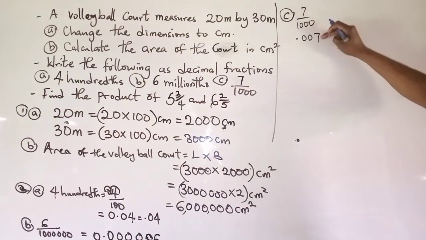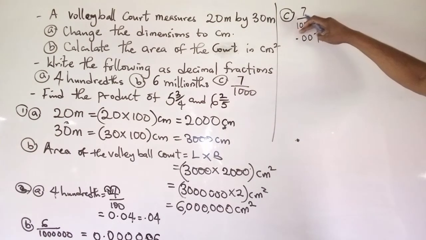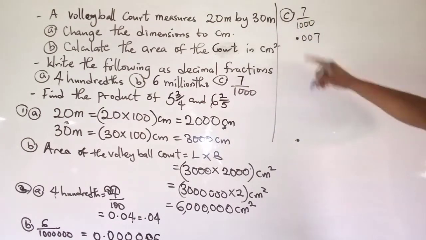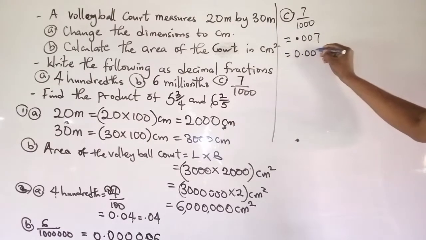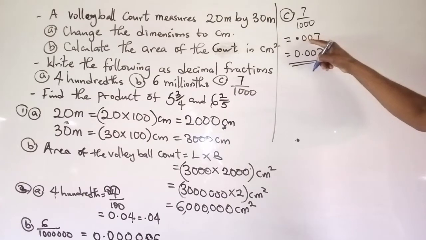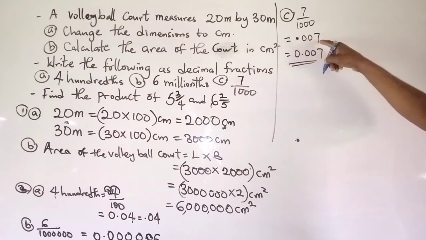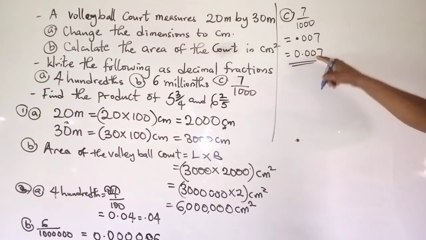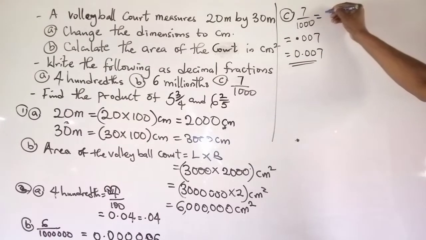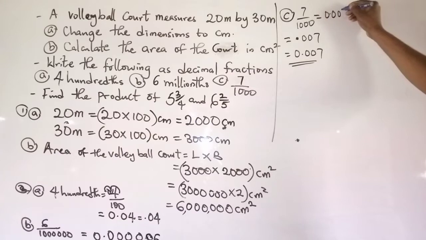If you move it this way, 1, 2, 3, it is 0.007, not 0.003. This value is equivalent to this. Now, I hope that is clear.